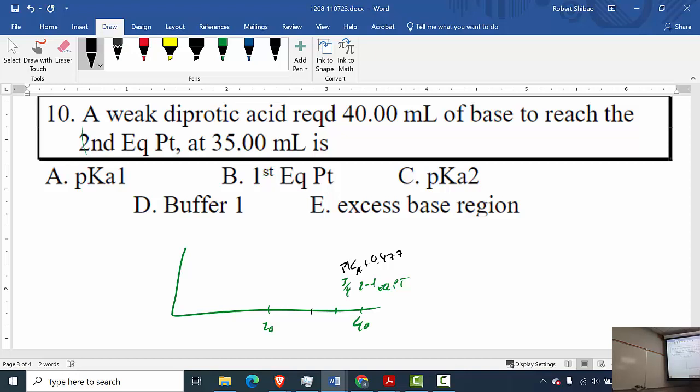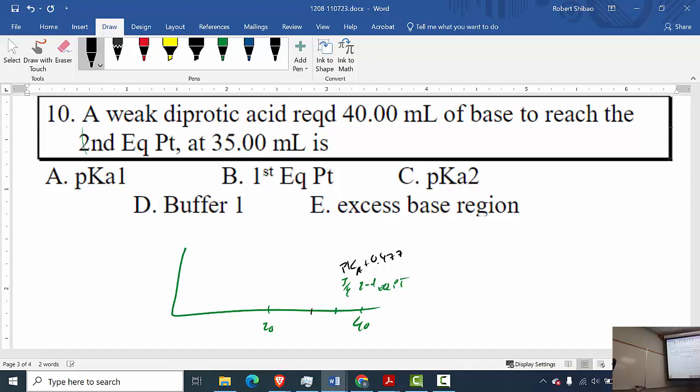The excess base region should be excess strong base. Should it be past pKa2?